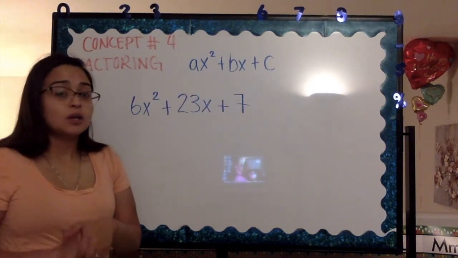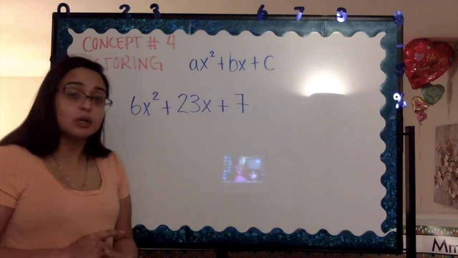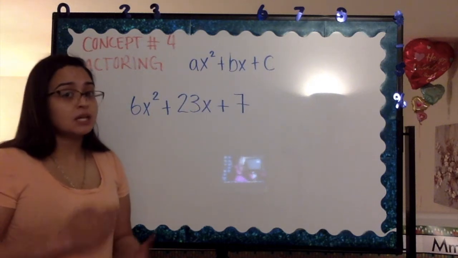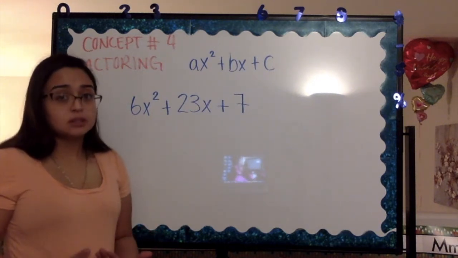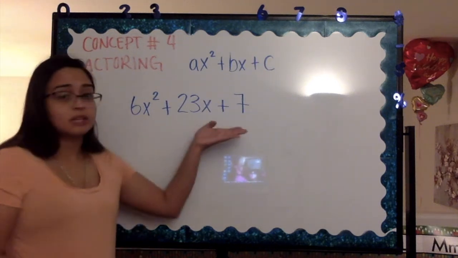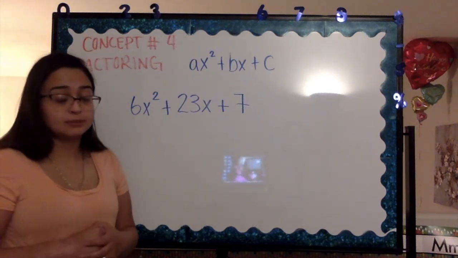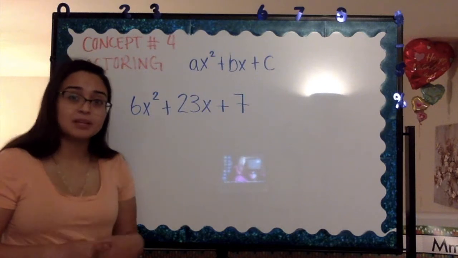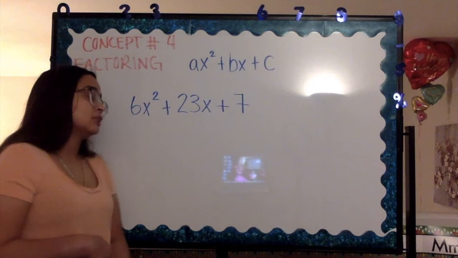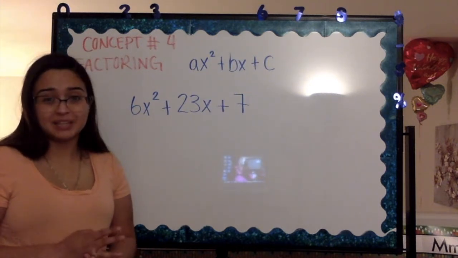Now, we know that sometimes the trinomial can be the product of two binomials. How would we figure out the product of two binomials with a trinomial that looks like this? We're going to take a different perspective, okay? So we have 6x squared plus 23x plus 7, okay?